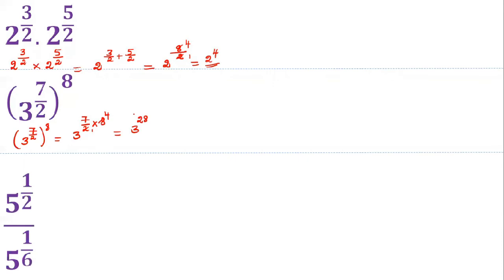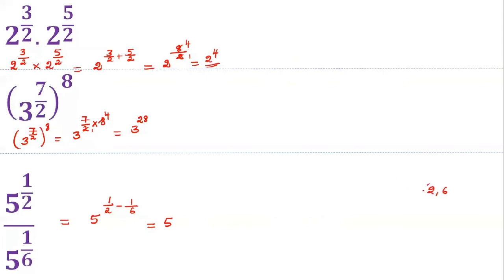Now 5 to the power 1 by 2 divided by 5 to the power 1 by 6. While dividing exponents, if the bases are equal, then we have to subtract the powers. 5 to the power 1 by 2 minus 1 by 6. Look at the fractions, the denominators are different, so we have to equalize the denominators.